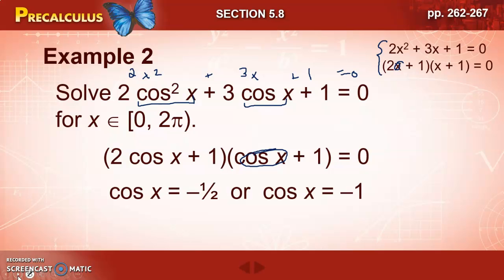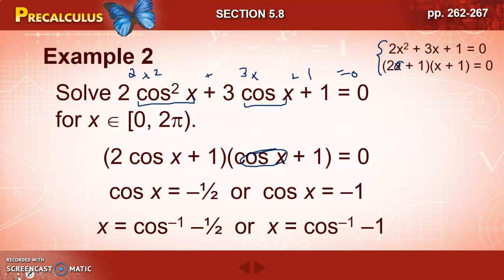Now to find the exact value of x, we're going to take the inverse cosine of both sides. So we have the inverse cosine of negative 1/2, which we're going to read as the angle whose cosine is negative 1/2, or the inverse cosine of negative 1, which we'll read as the angle whose cosine is negative 1.